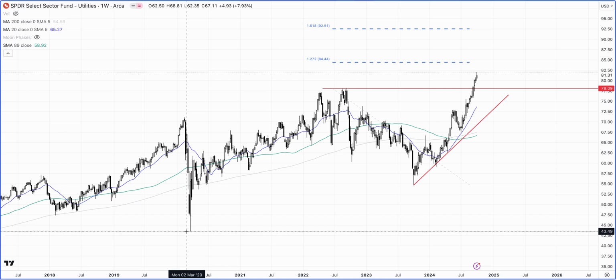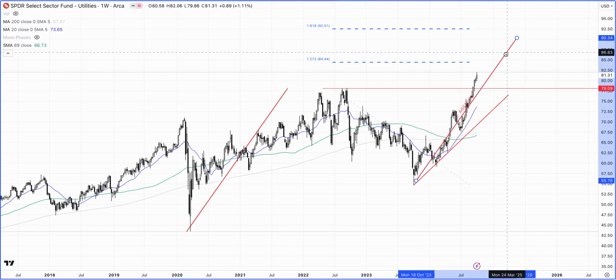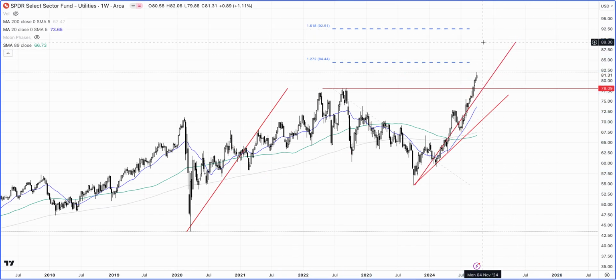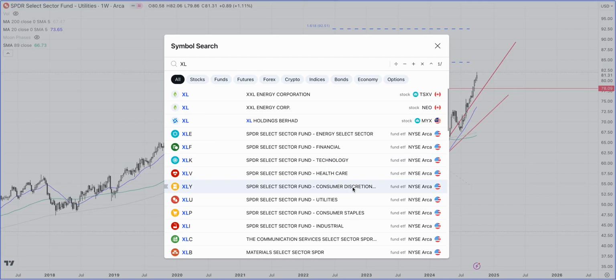This is like the COVID lows, boom, and boom. So I think anywhere between 89 to 92.50 is the region we should be watching as potential targets the market wants to go to, perhaps.